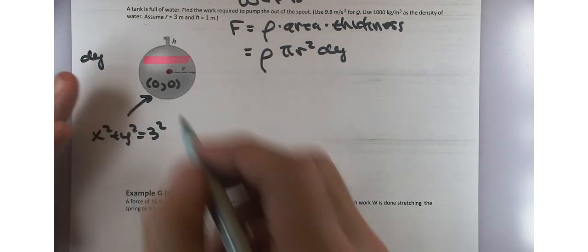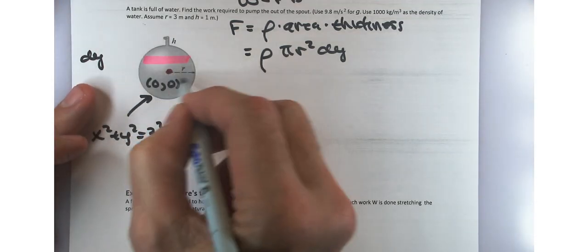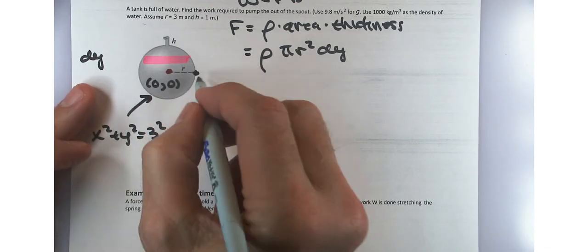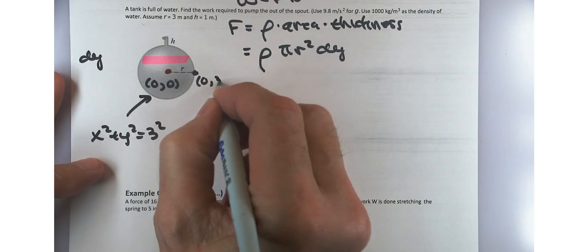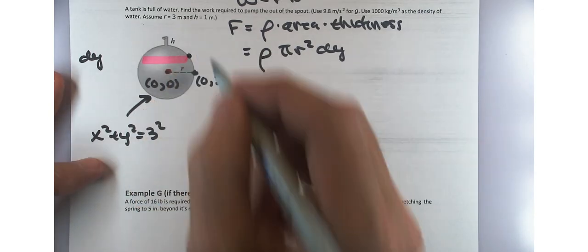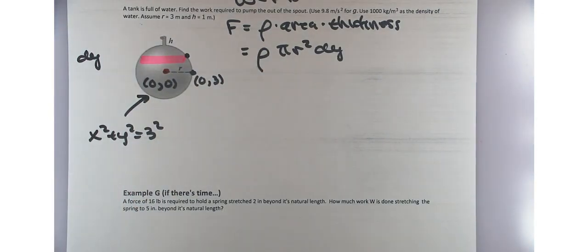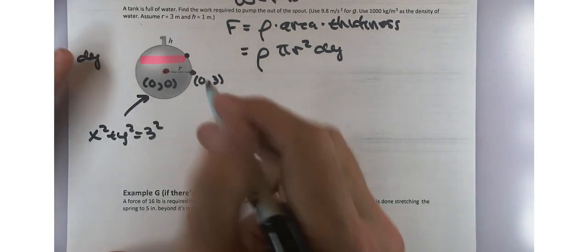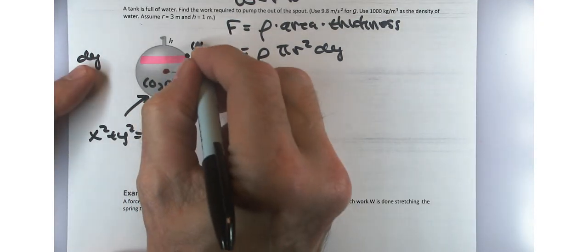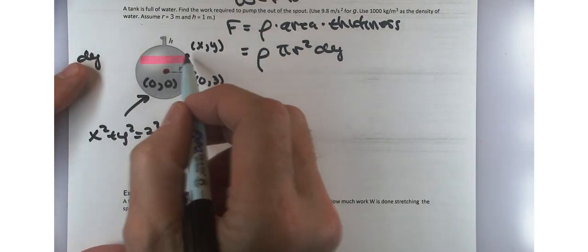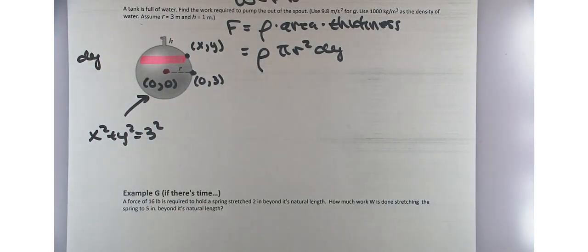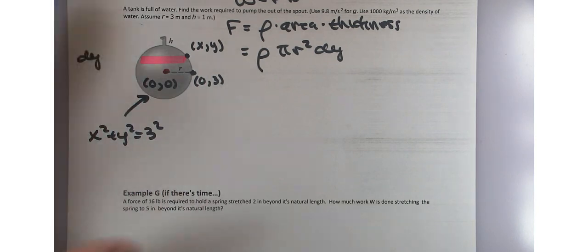If this has coordinates of 0, 0, the coordinates here would be 3, 0. I don't think we're going to need any lines in this one. This is going to have coordinates of x and y, some general point here on my surface.